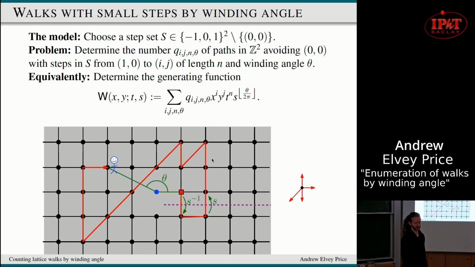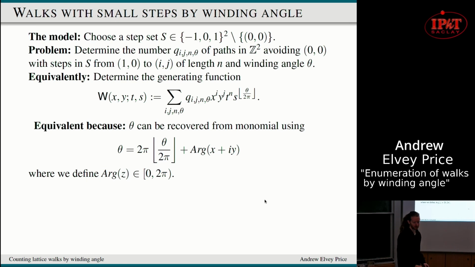So the power of s will increase by 1 when we go up through this dotted line, and decrease by 1 when we go down through this dotted line, because that's when theta will move between being equal to or a multiple of 2 pi or just.